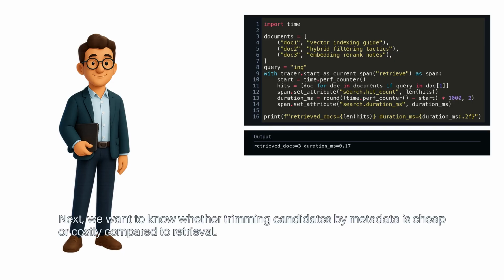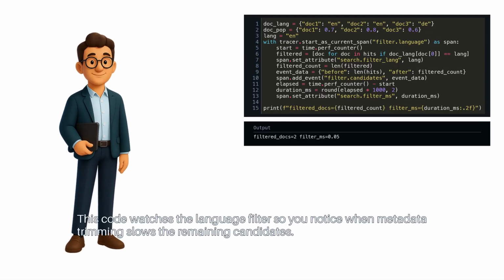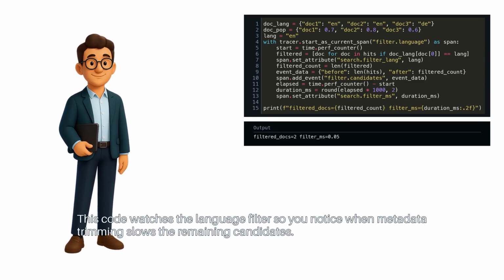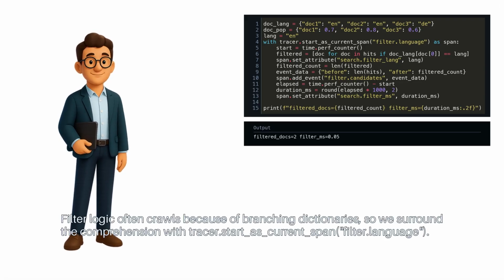phase finished. Next, we want to know whether trimming candidates by metadata is cheap or costly compared to retrieval. This code watches the language filter, so you notice when metadata trimming slows the remaining candidates. Filter logic often crawls because of branching dictionaries, so we surround the comprehension with tracer.start_as_current_span filter.language.